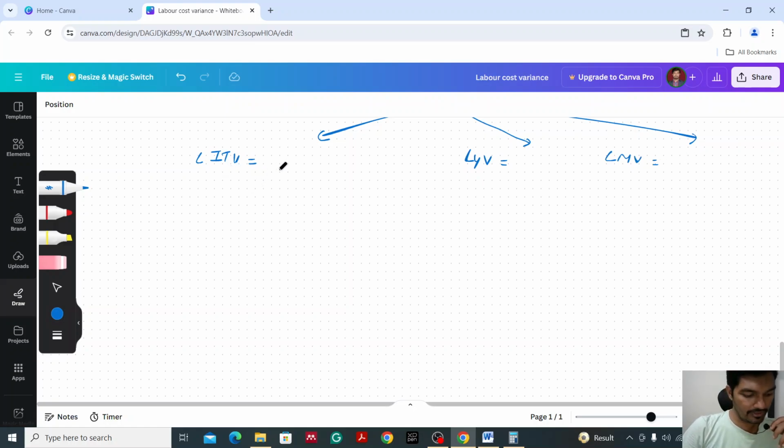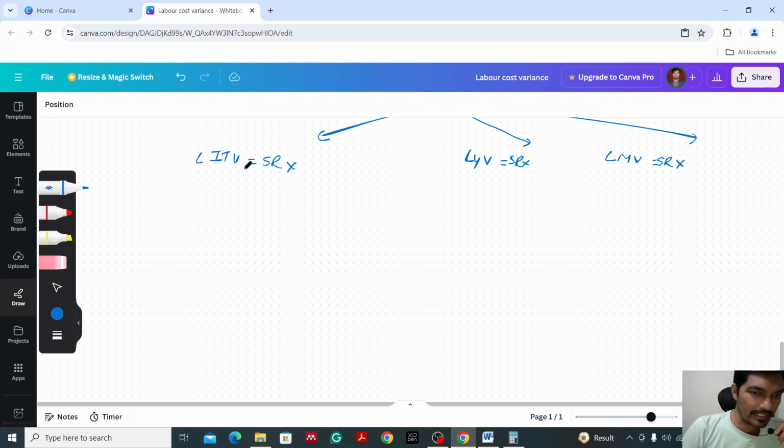In all three components, the common point is standard rate.